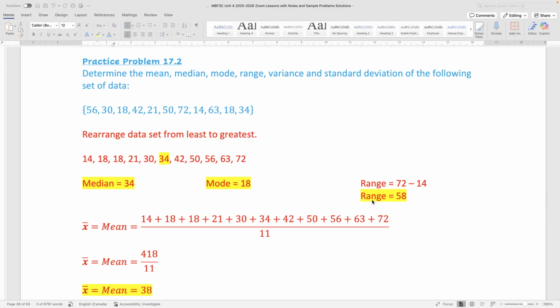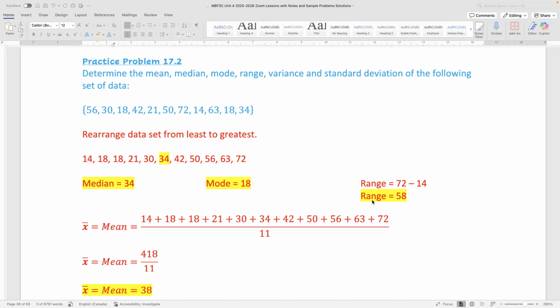Then we determined the median, which is the number in the middle when the numbers are arranged from least to greatest.